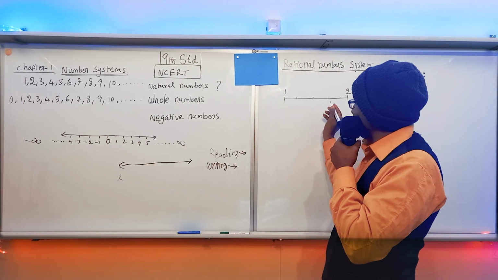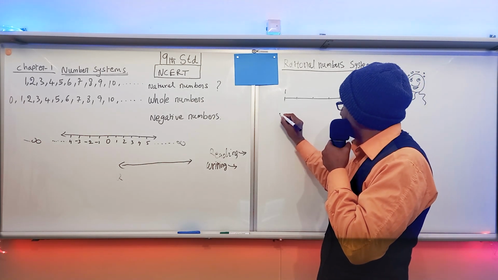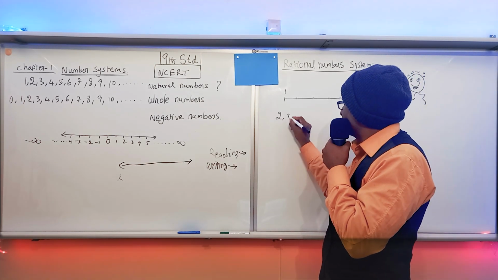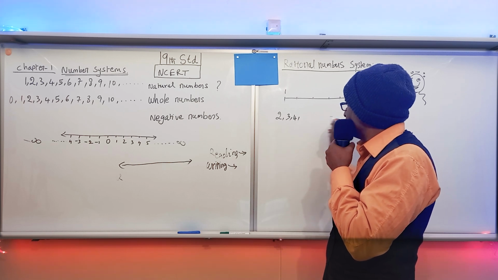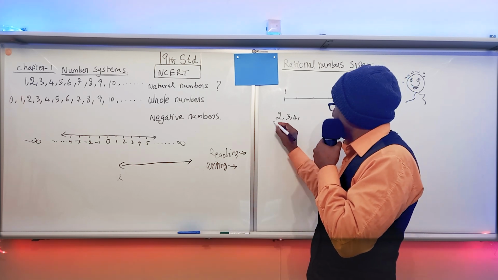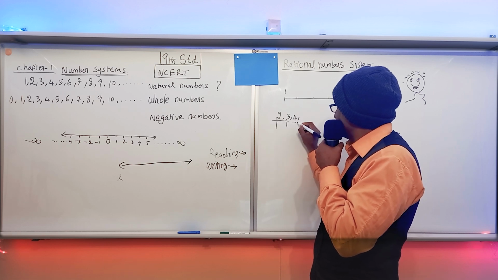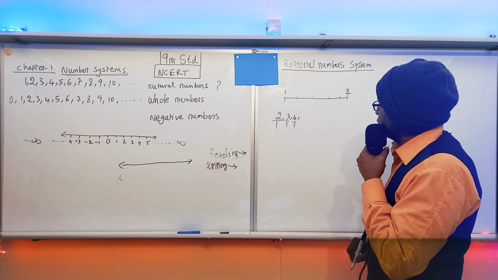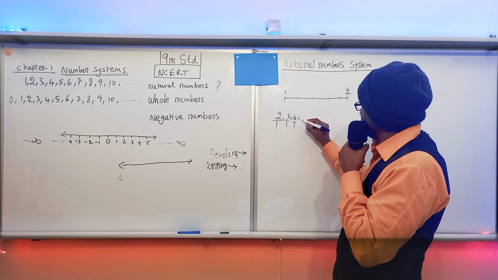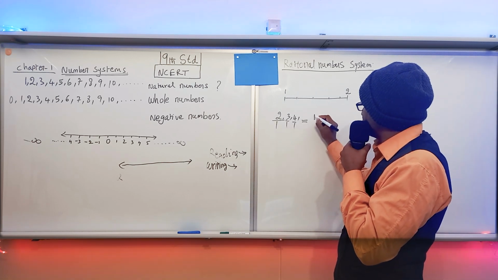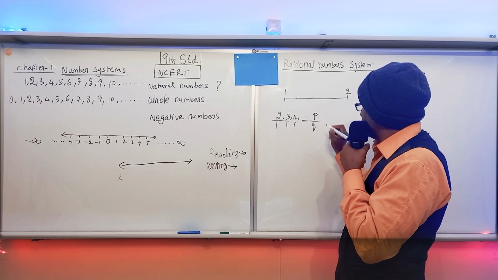So what it really means is, you take a number, let's say 2, 3, 4, and so on, and you divide by another number, let's say 1. So what do you get? In general terms, let's say p by q.